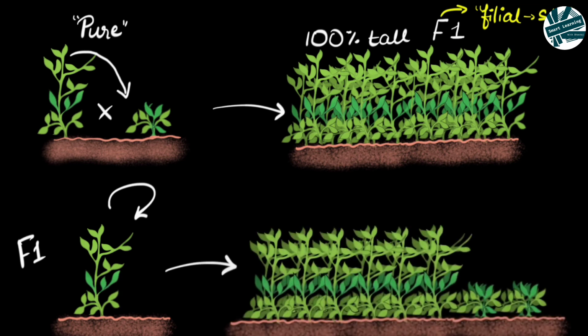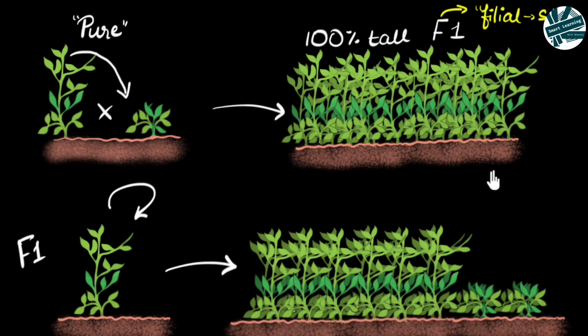Well, surprise, surprise, now some short plants are found. Another shocking thing to see, right? Because again, where did these short plants come from? And guess what? Mendel even counted them.